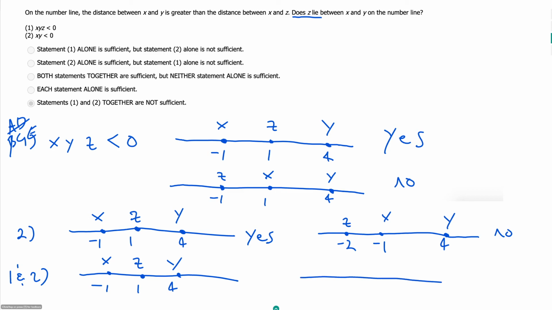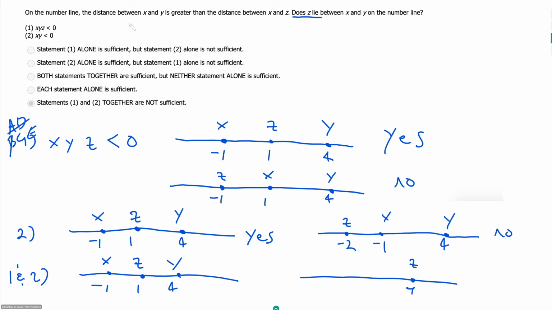Now I need to see, can I come up with a no, while still taking into account the first statement? And so what do I know here? So x and y are negative. That means z now has to be positive. And so let's start by putting z out here at 7 or something.